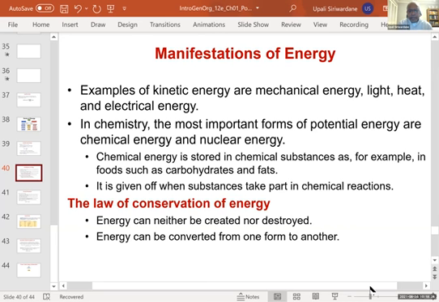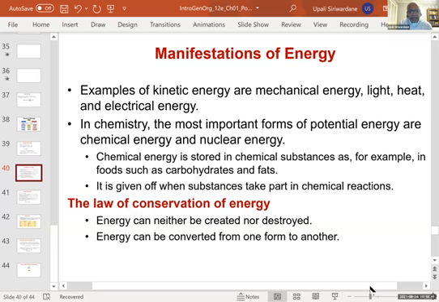It is given off when substances take part in a chemical reaction. When they undergo a chemical reaction, the bonds are broken, releasing energy. Exothermic and endothermic reactions can take place during chemical reactions.